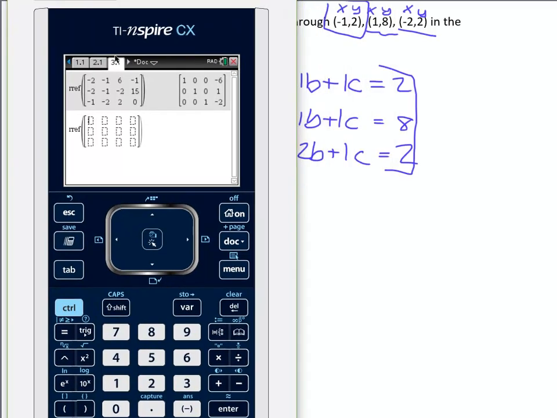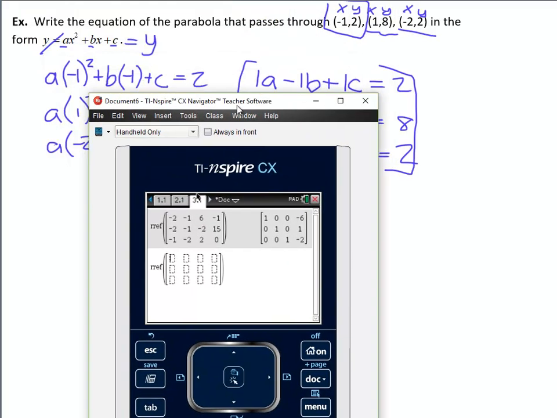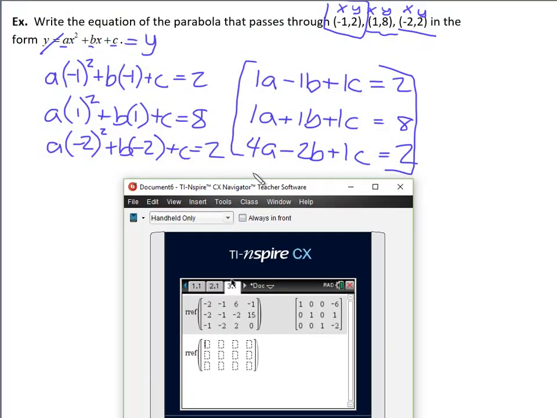I'm going to move this down. There we go. And then we'll type them in. I have 1 for A, -1 for B, 1 for C, and that equals 2. Then I've got 1A, 1B, 1C equals 8, and 4A, -2B, and 1C equals 2.